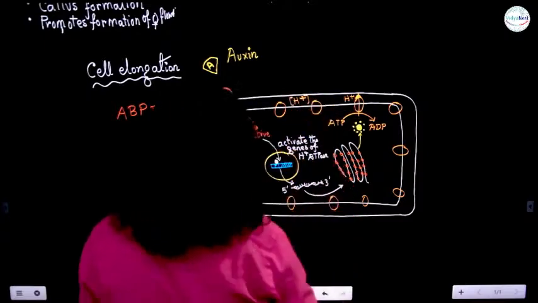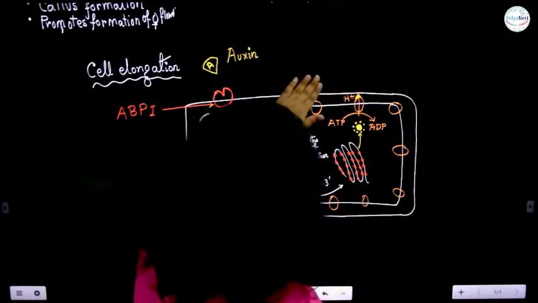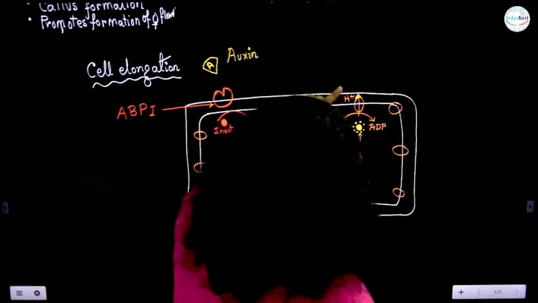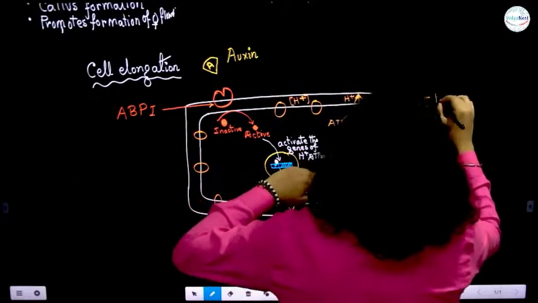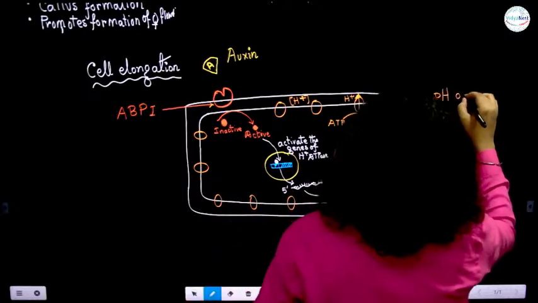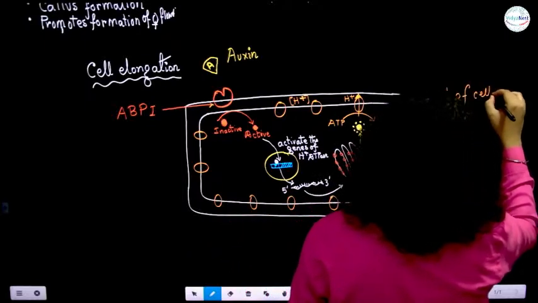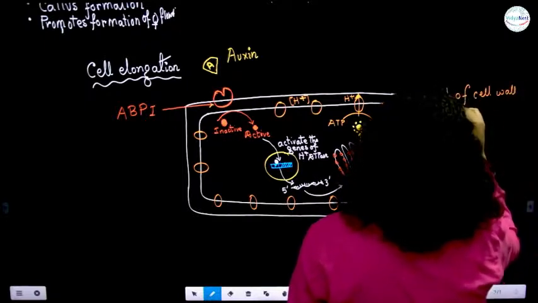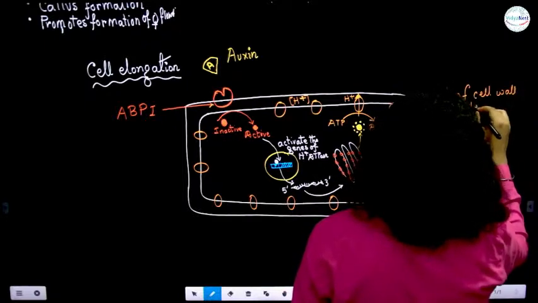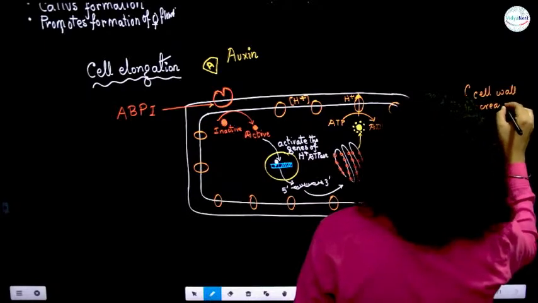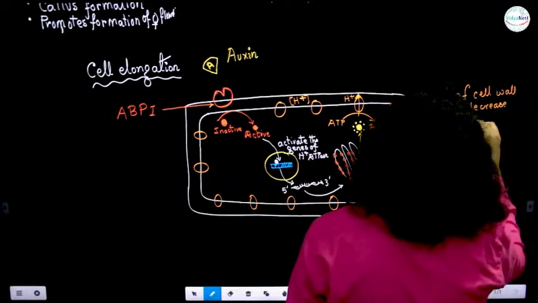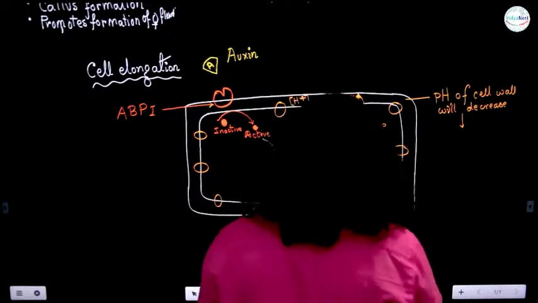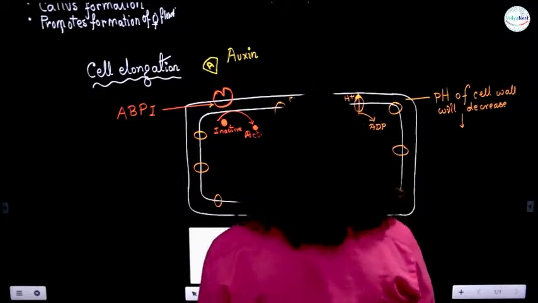what is going to happen? That is the pH over here in the cell wall is going to decrease. The pH of the cell wall will decrease. In presence of this decreased pH of the cell wall, the cellulose microfibril will start breaking.